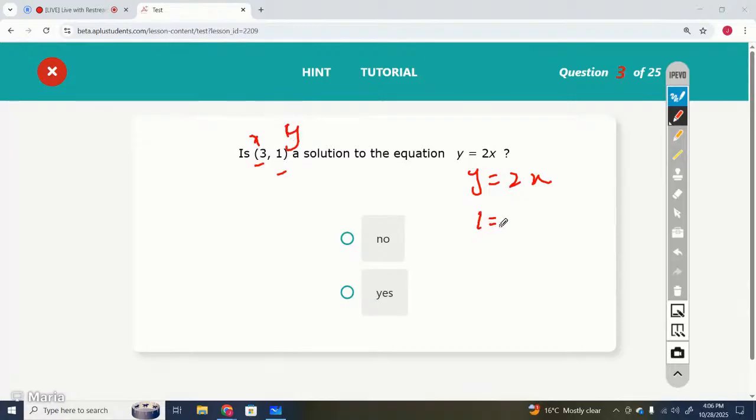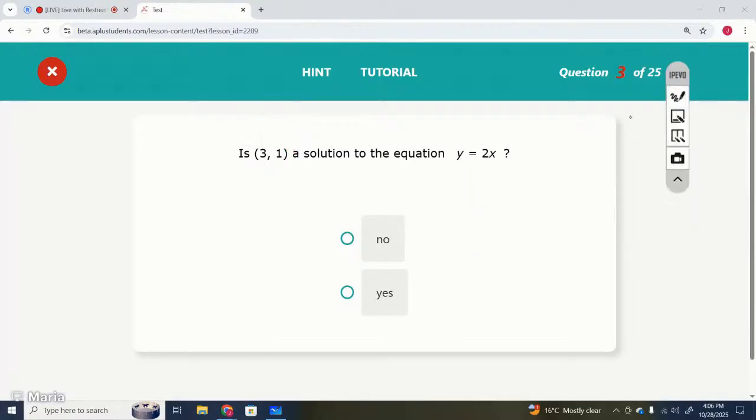Y is 1, 2 times 3. 1 is not equal to 6. So no, 3, 1 is not the solution of the equation. So the correct option is no.